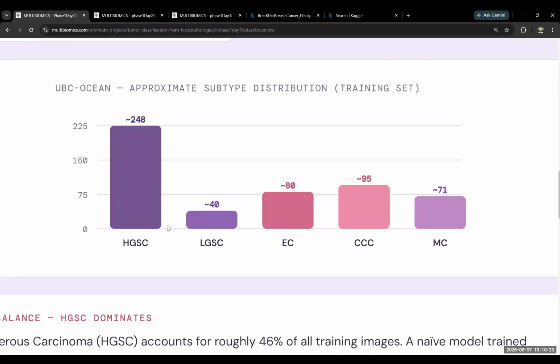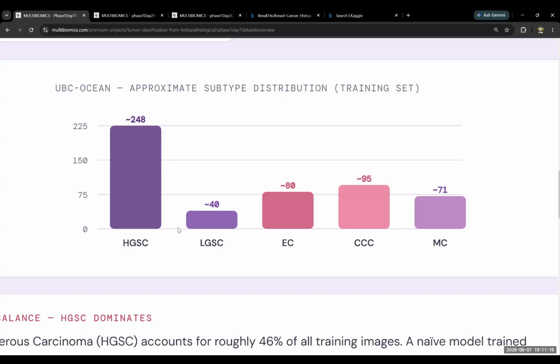You see HGSC, I have talked about this class imbalance yesterday. So HGSC has nearly 248 images. But on the other hand, low grade serous carcinoma, that is LGSC, has only 40 images. So don't you think that when we are training, there will be bias, and the CNN model will be more tilted to learn more patterns from HGSC, but it will ignore most of the patterns from LGSC.